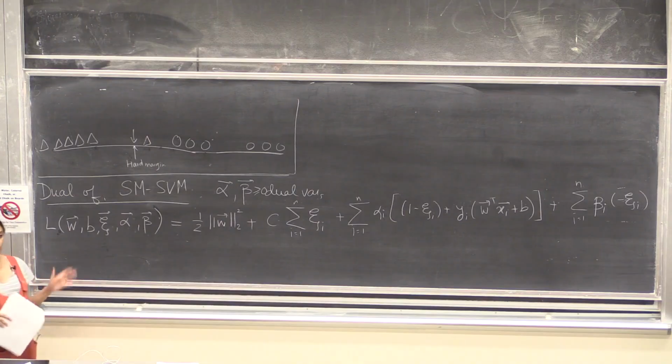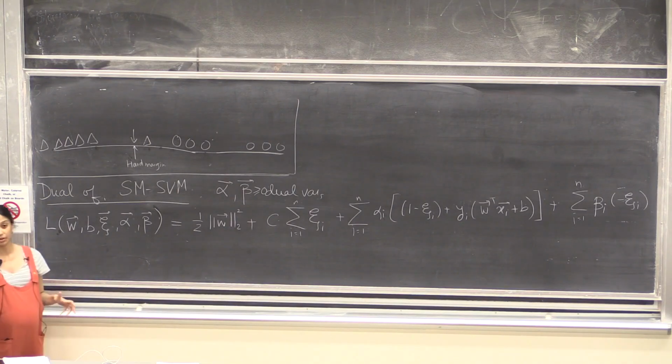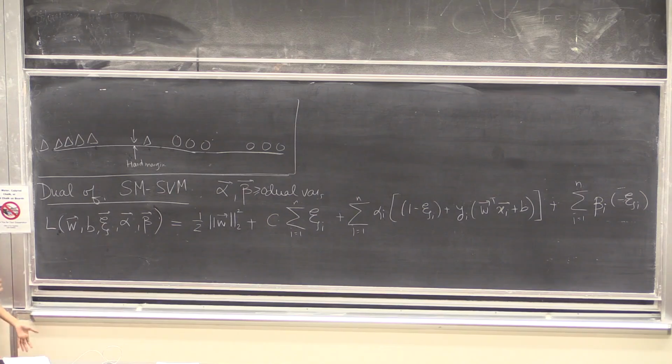So now I want to try and find the dual. What we're going to see here is a different technique for finding the dual than we've been doing so far, and a different use of the KKT condition. So we're really pulling together every single thing we've done in the class so far.